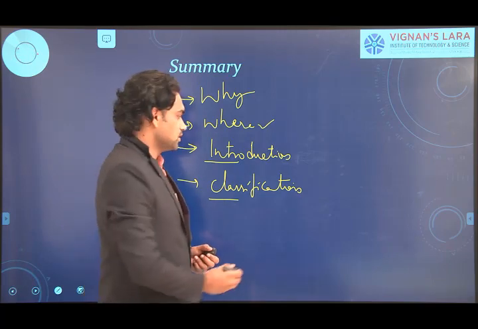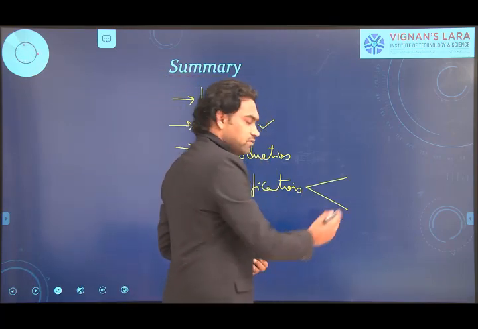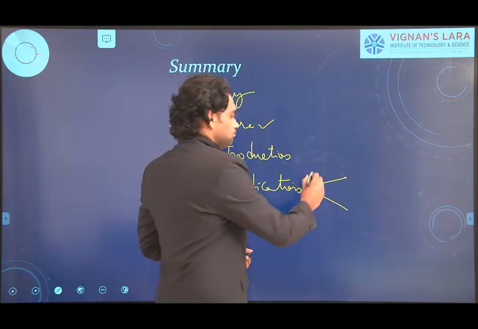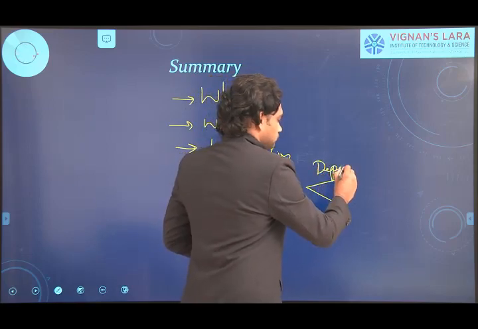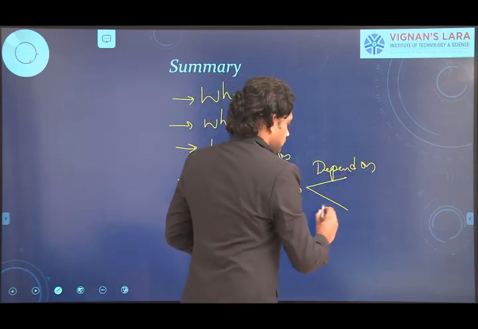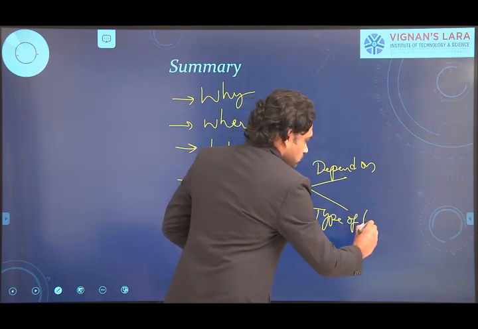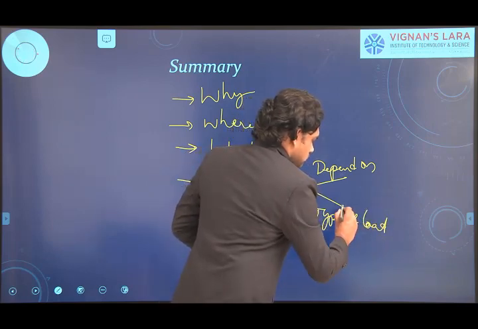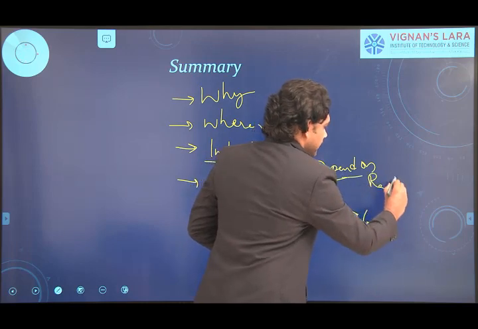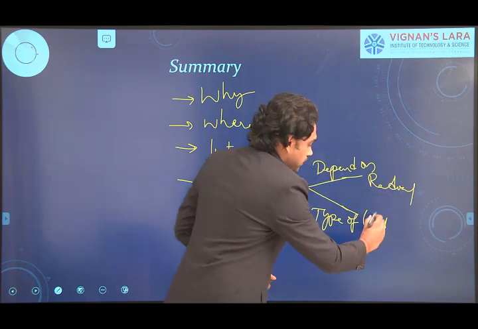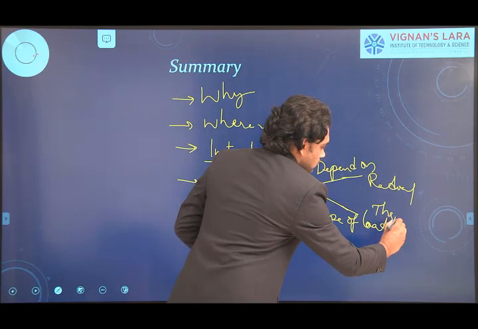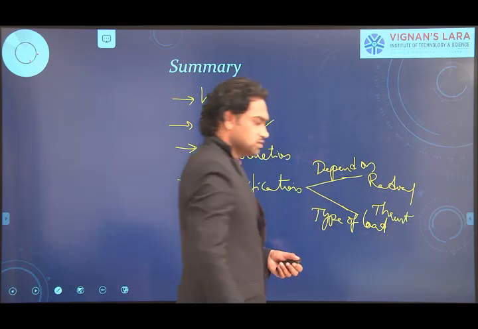And then the classification. This classification can take place based upon two different criteria. Depending on the type of load, that is radial bearings, and another one is thrust bearings.